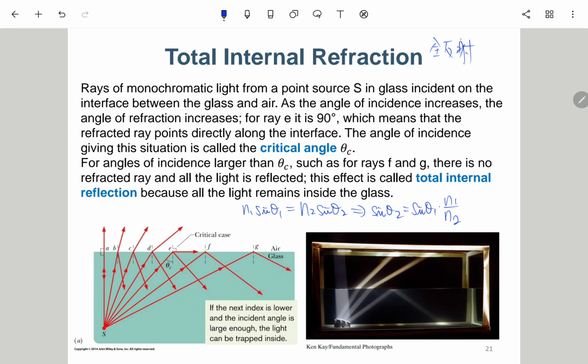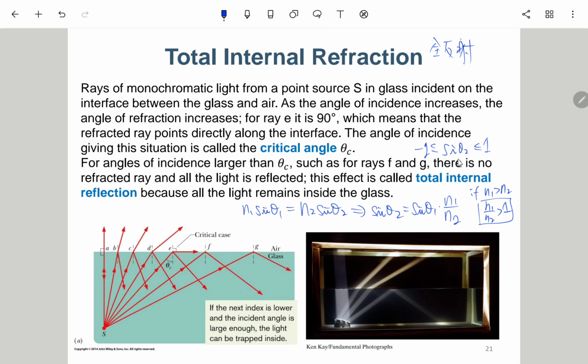Here let's assume n1 is larger than n2, which means n1 over n2 is larger than 1. But what we know is that sine of theta 2 should be between 1 and -1, at least for real theta. If theta 2 is a complex number, then sine can be larger than 1, but here we only consider real numbers.